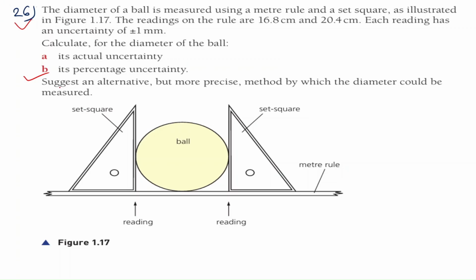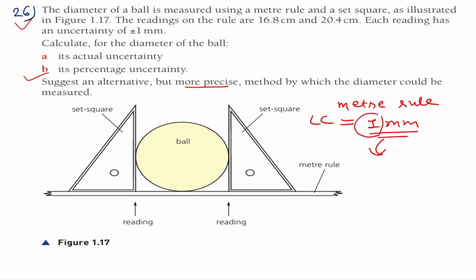Now, they ask for a suggestion of an alternative, more precise method by which the diameter could be measured. The meter rule has a least count of 1 mm. Is there any possibility to measure the diameter of the ball more precisely than this?